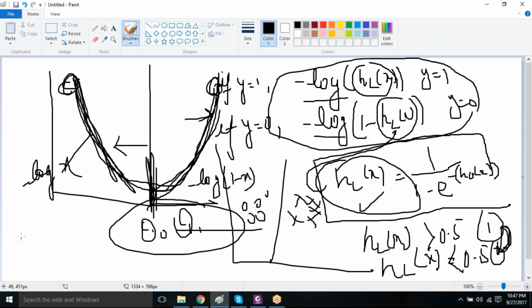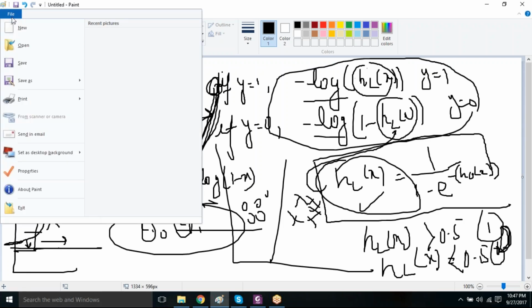Because you remember this function? On this side, from 0.5, there is class A, and on the negative side there is class B. So it's a 2 class classification.